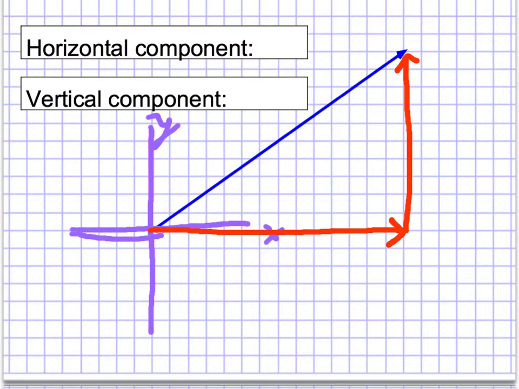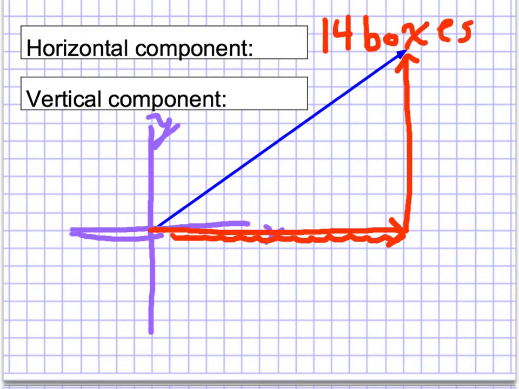Alright, so x boxes. 1, 2, 3, 4, 5, 6, 7, 8, 9, 10, 11, 12, 13, 14. So my horizontal component is 14, and since I don't know what these boxes represent, 14 boxes.